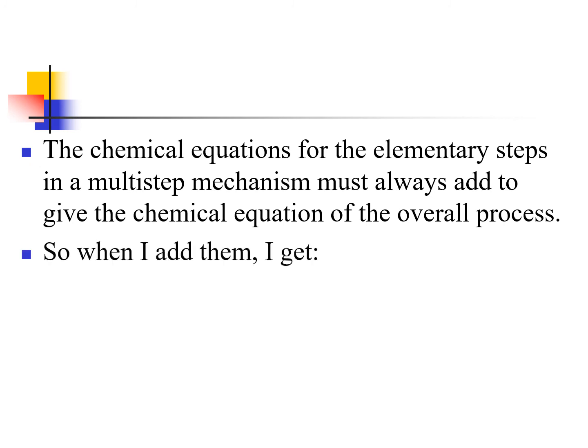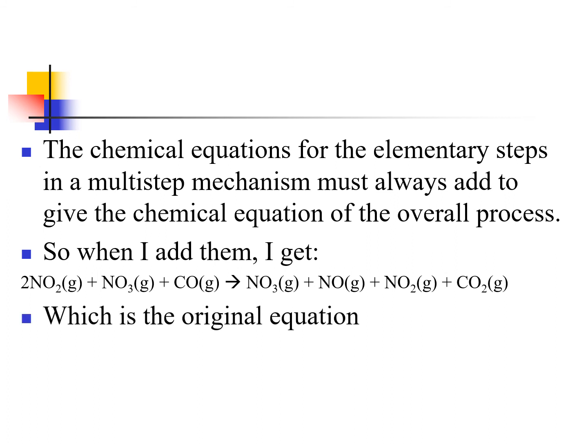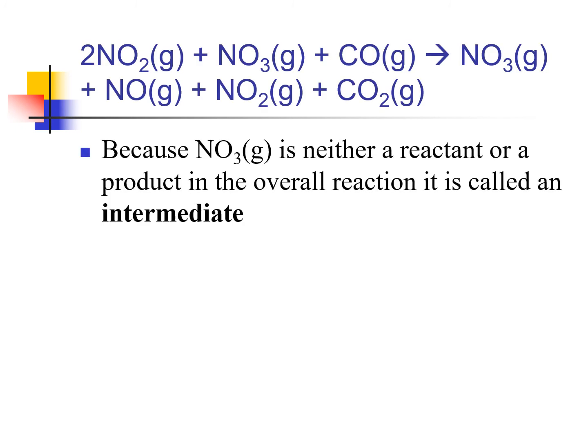So if I add those two steps together, just adding up all the reactants and all the products, I get the original equation. I have an NO3 and an NO3, so they cancel. I have two NO2s on one side, and I can cancel one of them, leaving me with the original equation from above.